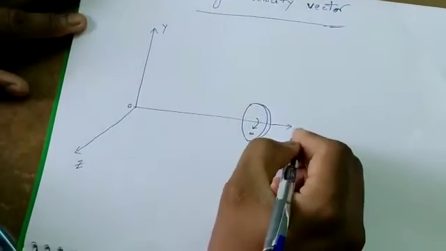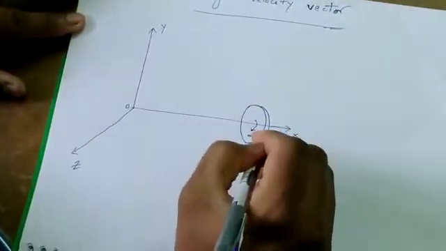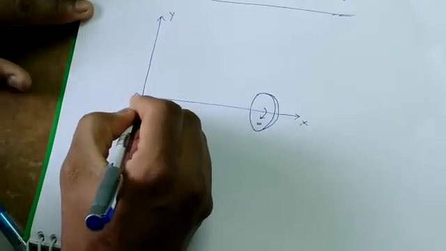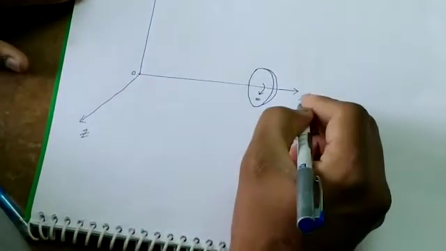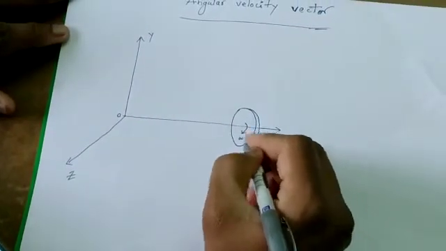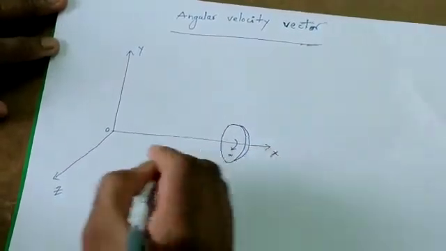Once again I am repeating, the rotor is rotating in clockwise direction when seen from the origin. Now this origin is assumed as the observer.